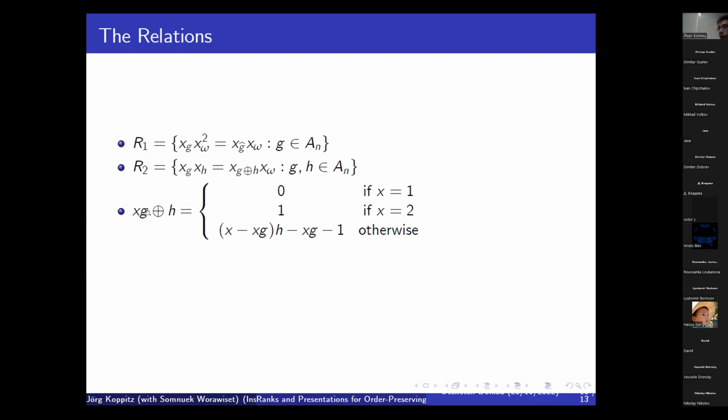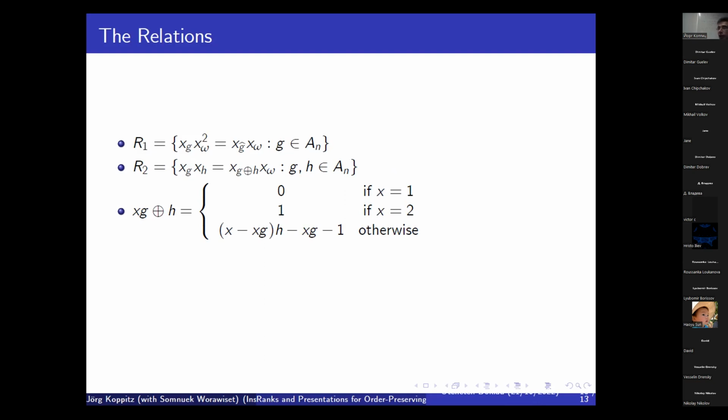If the input is 1, it is 0; if the input is 2, then we have 1. And otherwise, we calculate the following. We take the difference from x and xg, this means from the first one, and then we map this by the second one, minus the element for the first one and minus 1. We can show this is well defined. This gives again an element in An, which we have checked.